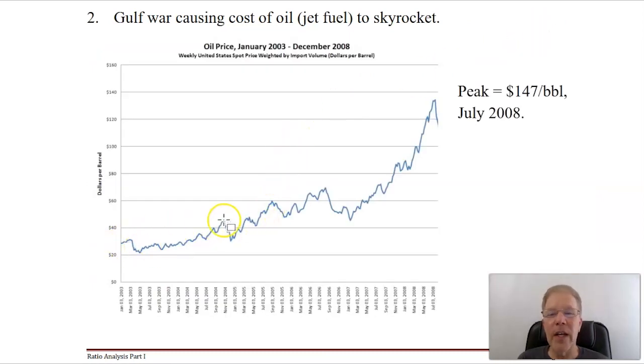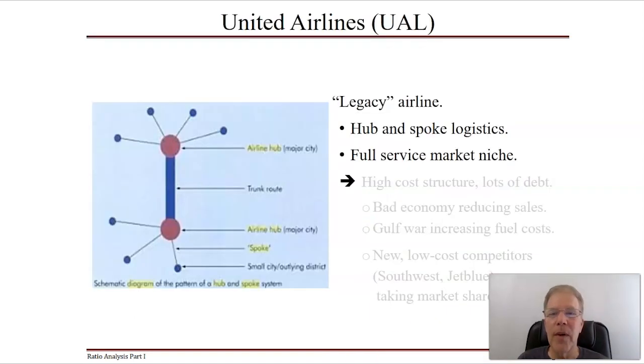So here's a graph of oil price going up to the fourth quarter of 2008, which is right around here, and you can see that we didn't know it at the time, but oil prices had peaked in July of 2008, and they were still very, very high through this whole range. So of course that put a lot of pressure on the airlines because it increased their cost. Fuel is about 1/3 to 40% of their cost typically.